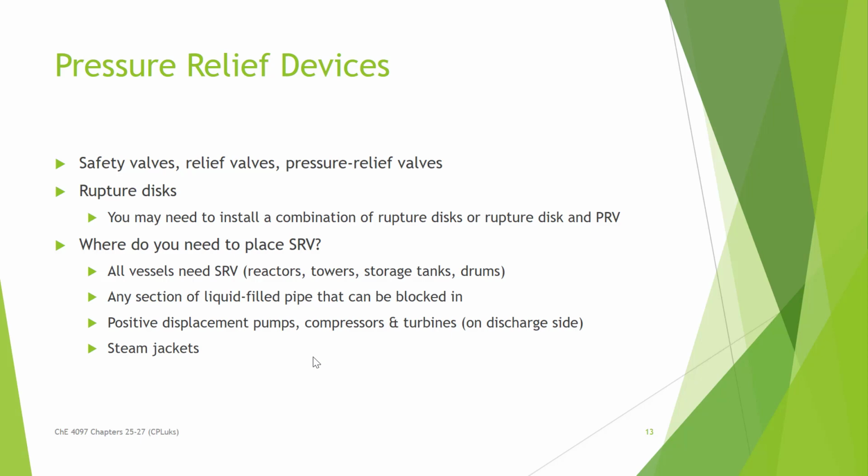So any section that has valves on either end of it, if it could be blocked in, needs a relief device. You also need one on the discharge side of positive displacement pumps, compressors, and turbines, and everywhere you have a steam jacket on a vessel.